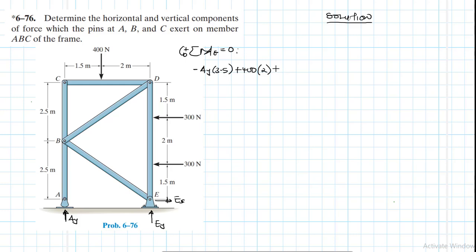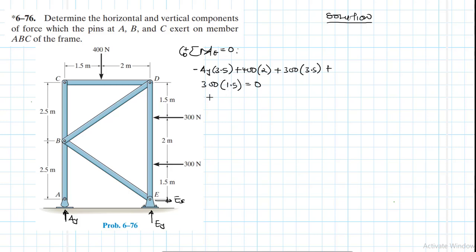And then we have plus 300 by 3.5, plus 300 by 1.5, is equal to 0.